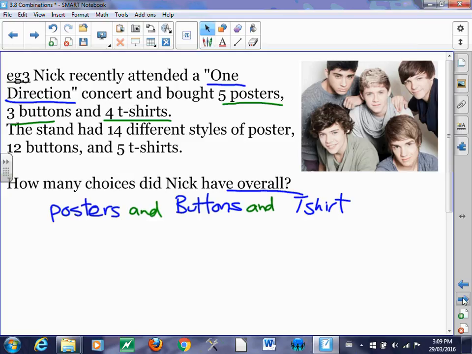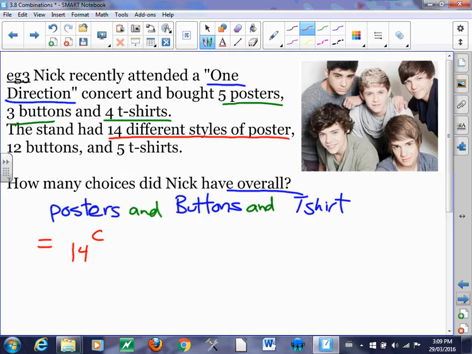Perfect. Okay, so now we've got our titles in. Let's see what we've got. So, posters. How many do we have to choose from? Well, we got 14 different styles. So it's going to be 14. And how many are we going to choose? How many posters did he buy? 5. So 14, choose 5. And means to do what? And means to times. Okay.